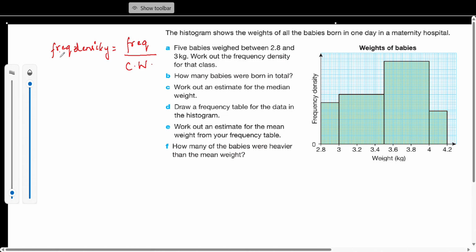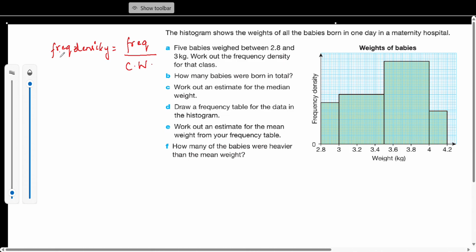So the frequency density is the height and the class interval is the width. So this becomes a rectangle. Length into breadth should give the area, or the number occupied in this. So when you multiply this and this, what you get is actually the frequency. That is the interpretation.